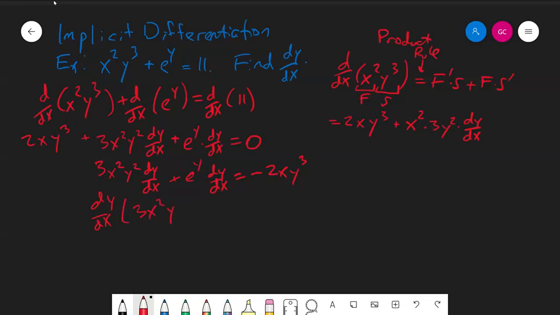So the coefficient is 3x squared y squared plus e to the y. And so that gives us a final answer that dy dx is negative 2xy cubed divided by 3x squared y squared plus e to the y.